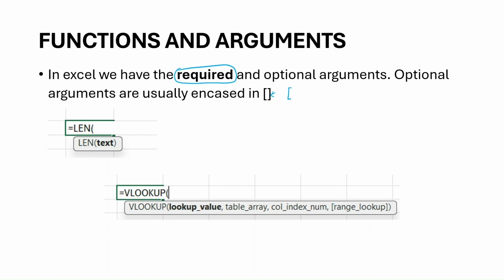But if you notice the last one, range_lookup, is in square brackets. This means that it is an optional argument. While you need to input these 3, if you do not include range_lookup and you only include these 3 and then close the parentheses and hit enter, you're not going to get an error, because this is an optional argument, meaning that it has a default and the function will still run even if you do not put it in.